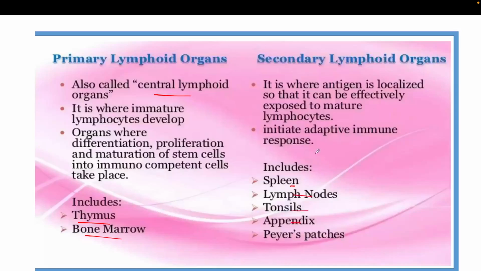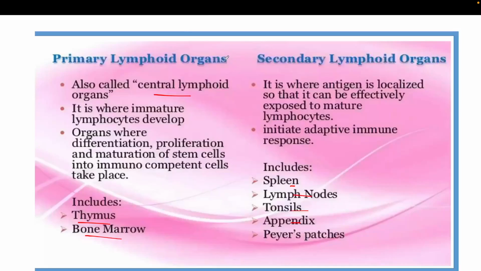These are the secondary lymphoid organs, where the mature lymphocyte will encounter the antigen, proliferate its number, and initiate the adaptive immune response. Whereas the primary lymphoid organ is the initial stage, where the lymphocyte will develop firstly.